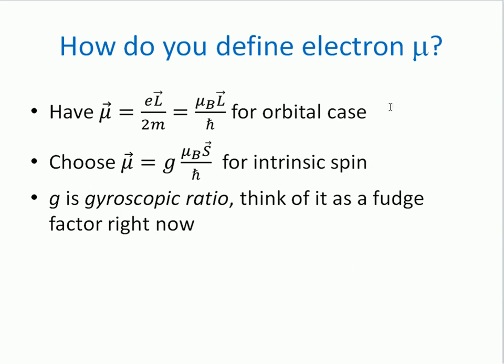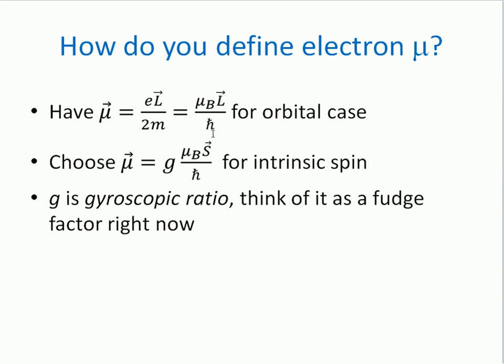Now, how are we going to define the electron magnetic moment? Well, for orbital angular momentum, we said it was the Bohr magneton times its angular momentum divided by h bar. Well, that's the formula we're going to choose for intrinsic spin.